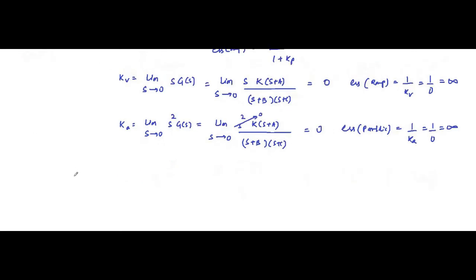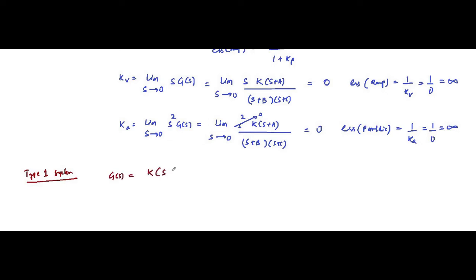Next, let us consider type 1 system. So here let us consider a type 1 system, which means one pole at origin.